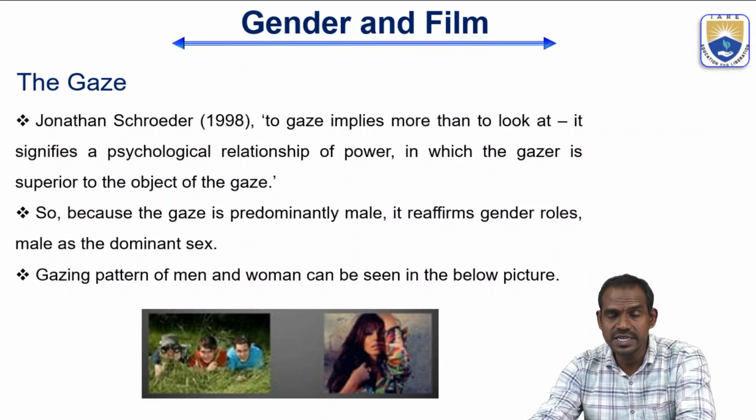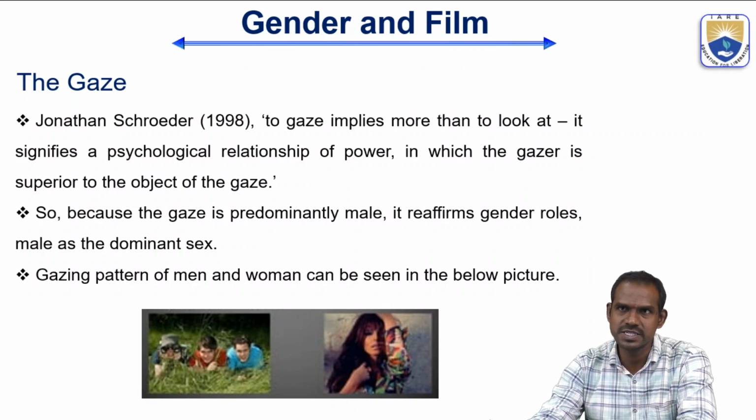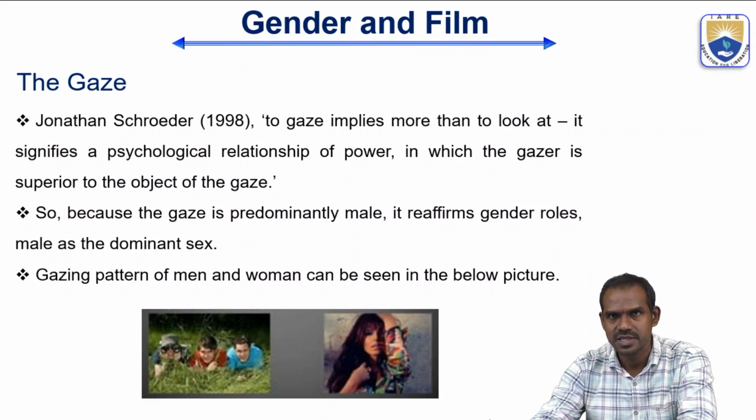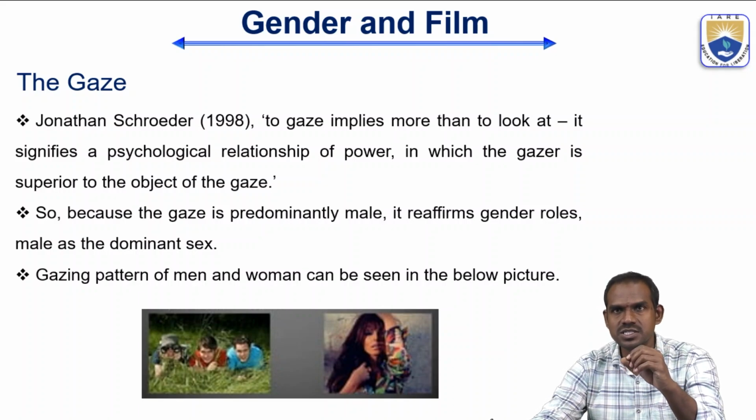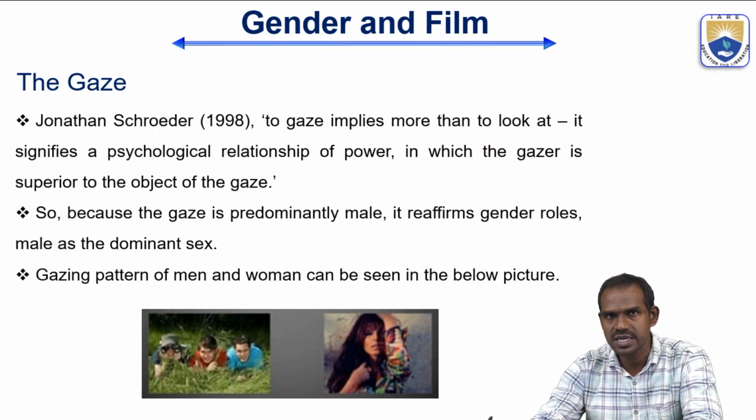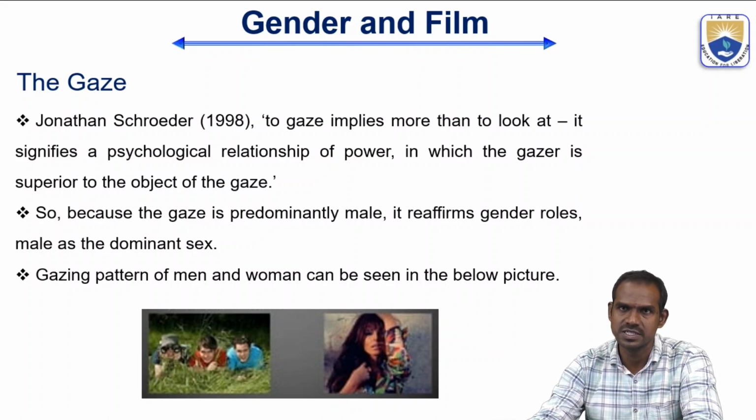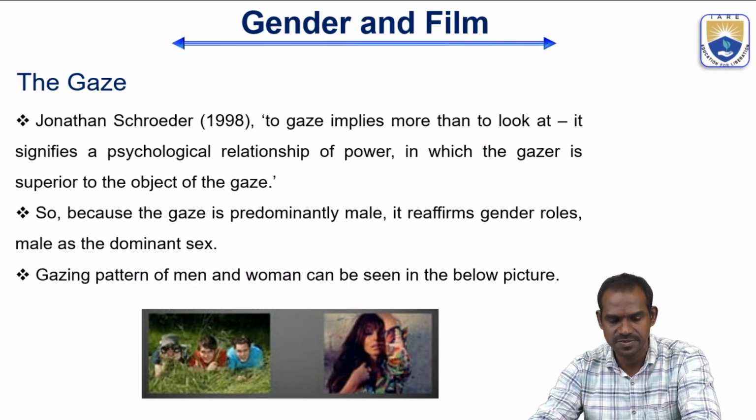It signifies a psychological relationship of power in which the gazer is superior to the object of the gaze. Who is the gazer in general? Men. And who is the object of the gaze in general? Women. Right? So gazing implies more than looking at, meaning staring. The gazer is superior to the object of the gaze, meaning men are superior to women. That is what was meant.